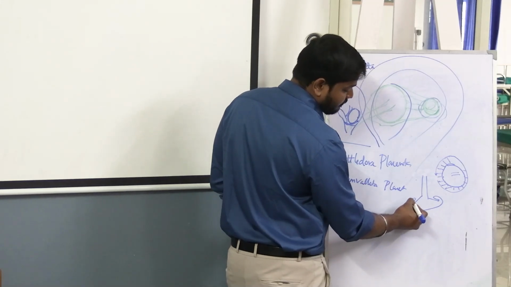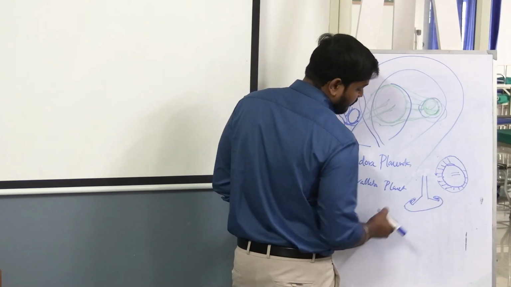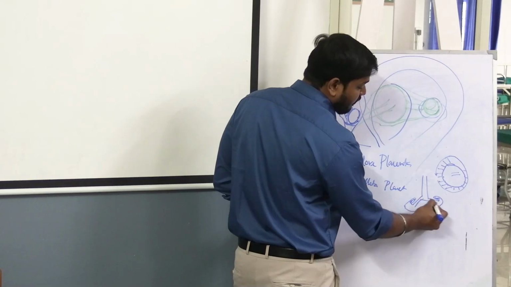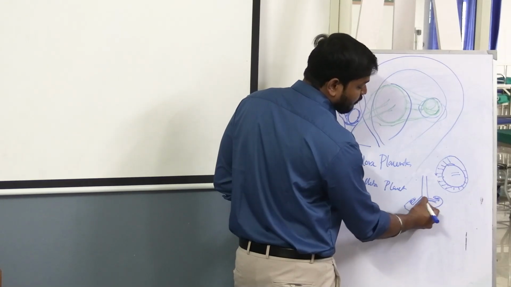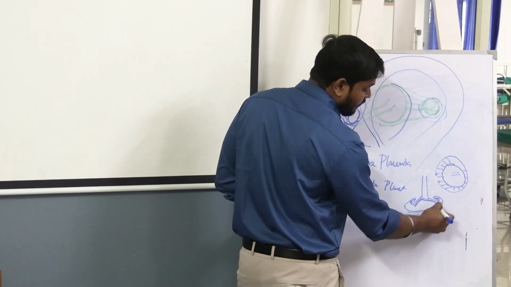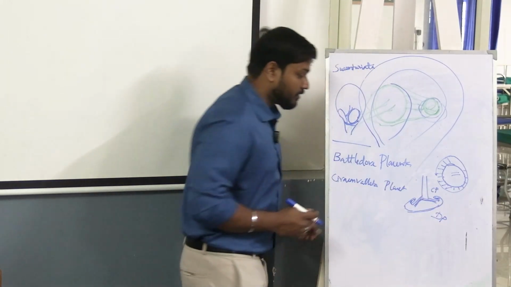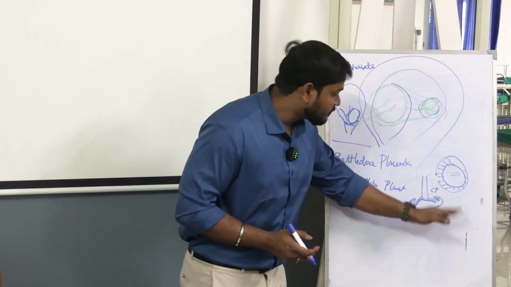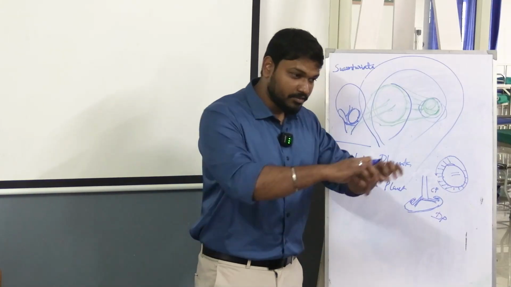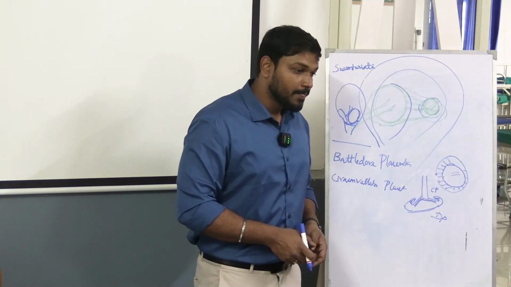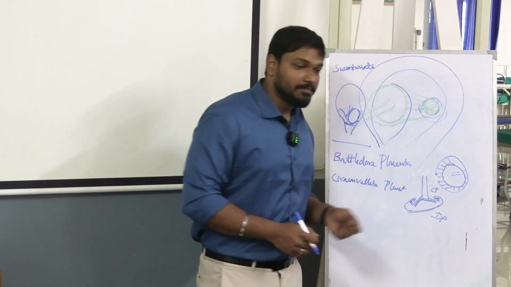Okay, this is the rim. What is this plate called? This is called chorionic plate. This is called decidual plate. Above the chorionic plate there is another fold of chorionic plate that will form a rim around. This is called circumvallate placenta.